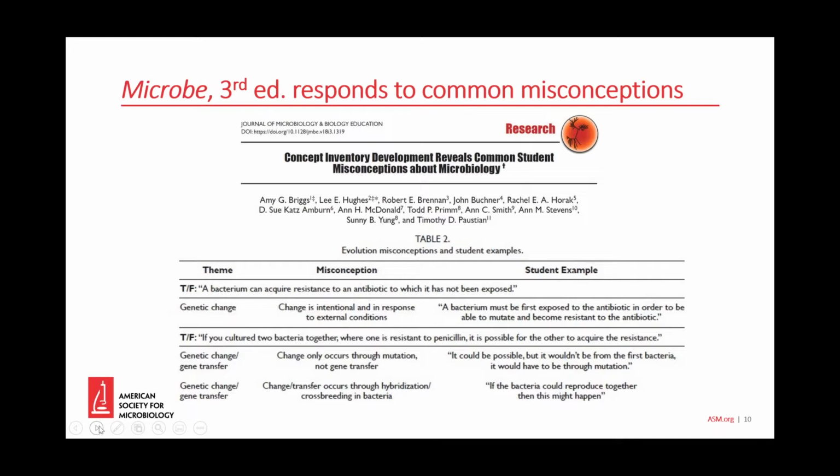Our Microbe author team responded to this data by rewriting passages from previous editions of the textbook to address these misconceptions that are backed by data. One example of a modification: data showed lots of misconceptions around the ancient endosymbiosis that gave rise to organelles and primitive eukaryotes. So we rewrote this passage to target these student misconceptions.